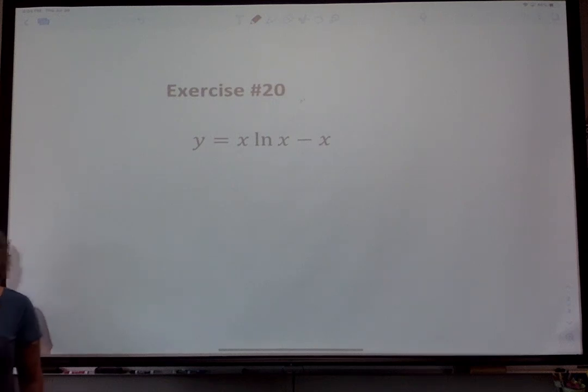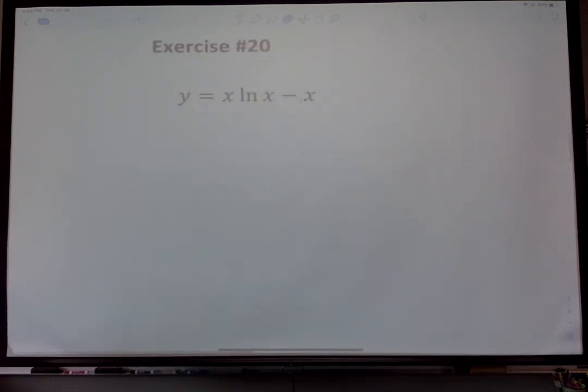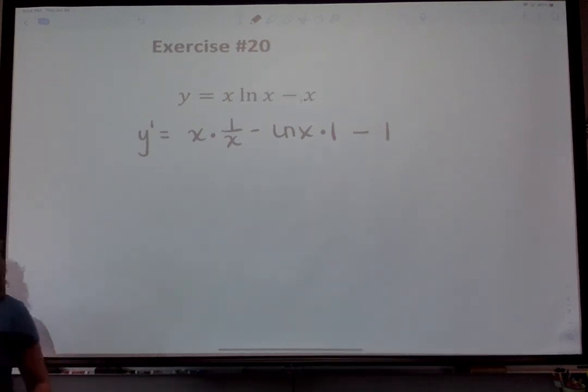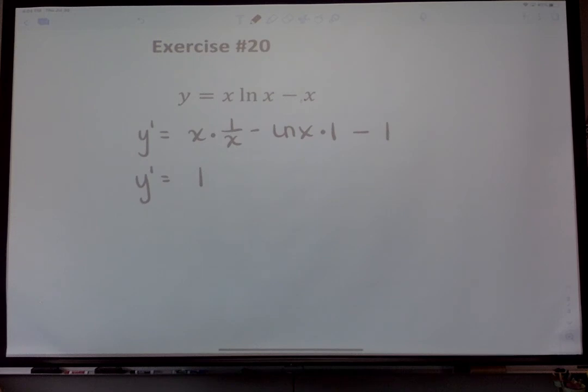Now you do have to do product rule. 1d2 minus 2d1, and minus the derivative of x is just 1. That's a 1 minus ln x minus 1d2 plus, my bad, 1d2 plus 2d1.